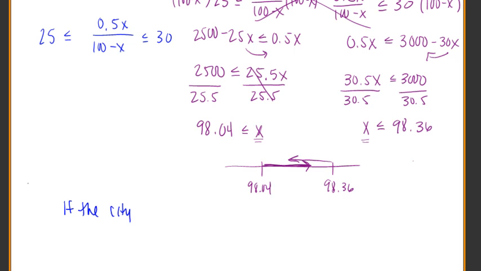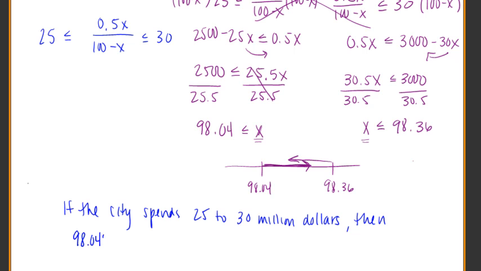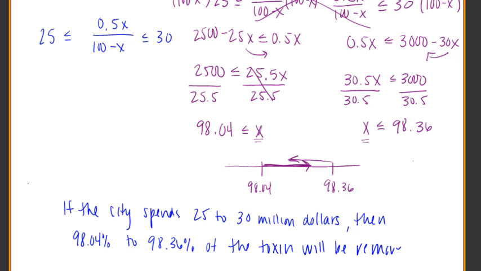If the city spends 25 to $30 million, then 98.04% to 98.36% of the toxin will be removed. And simple as that, we are finished with that problem.